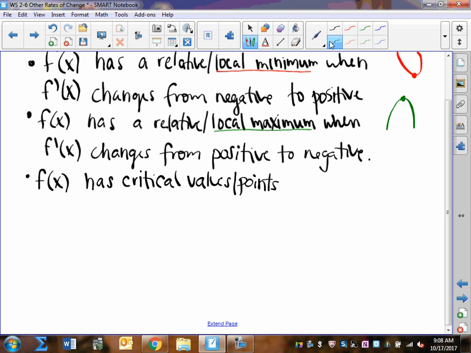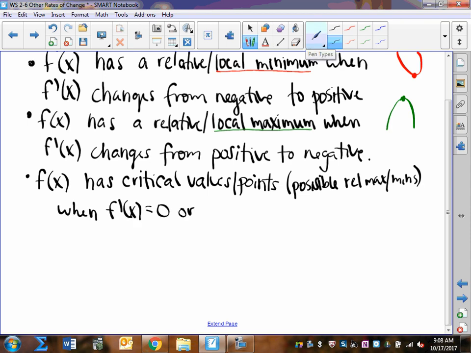Remember, this is possible maxes and mins, possible relative maxes and mins, in case you forget what those are. So it has critical values and points when f prime of x equals 0 or f prime of x is undefined.